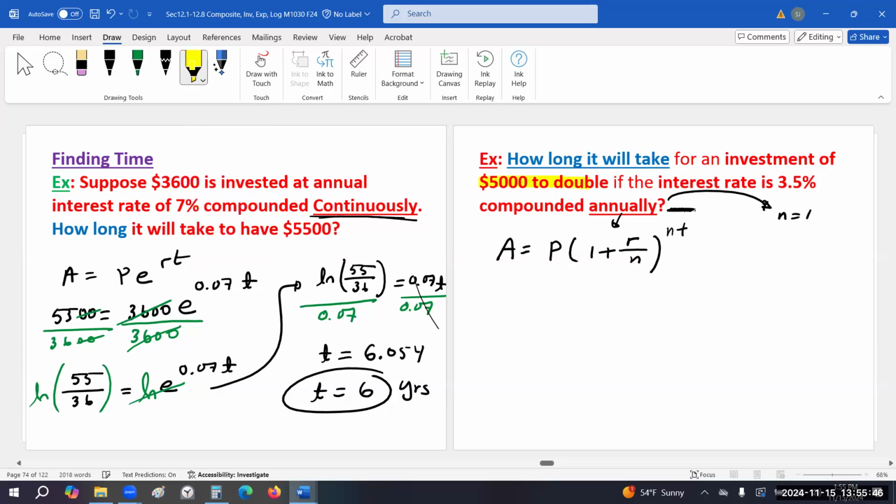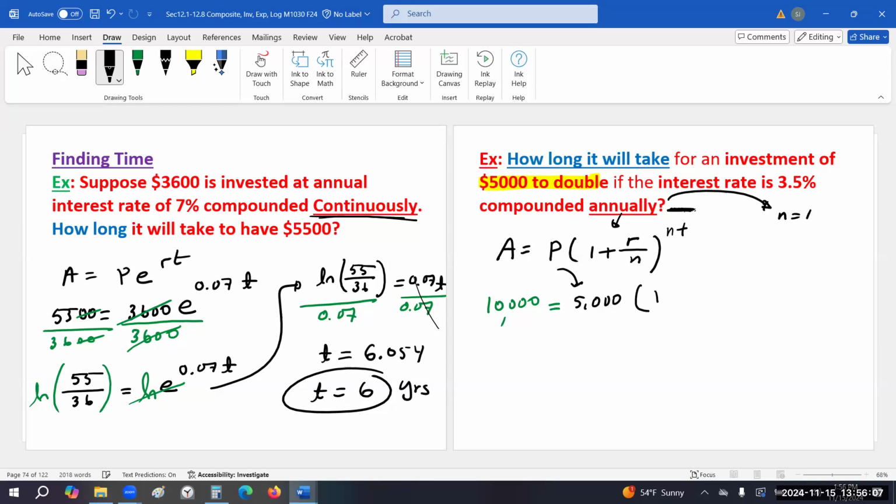It says double $5,000. So final is 10,000. Initial is 5,000. So how long will it take to double our $5,000?